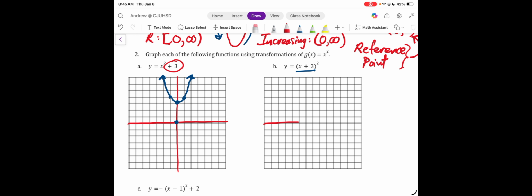So again, we make our x and y axes. And normally we would be going through 0, 0, but this time we're going to go 1, 2, 3 points to the left and recreate the graph right there. And there we go.